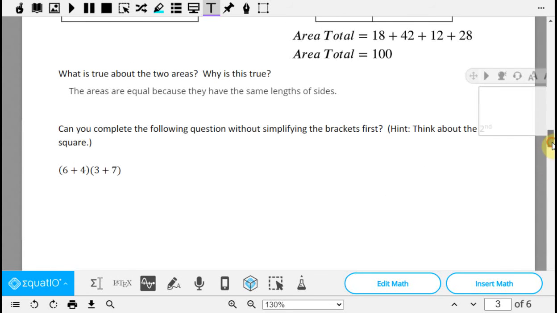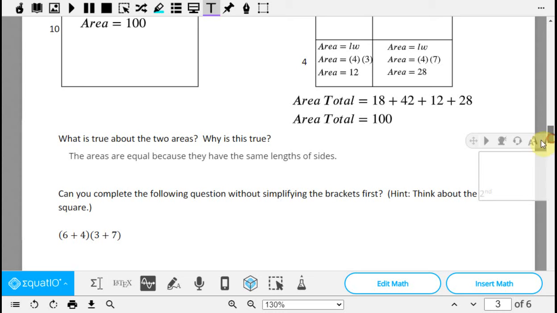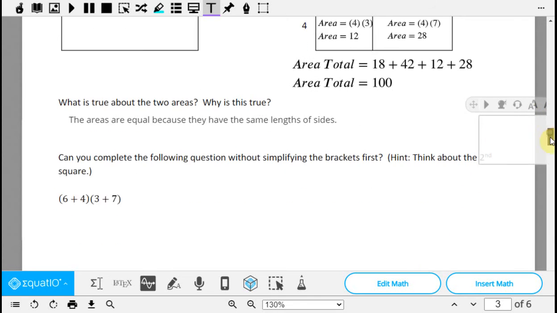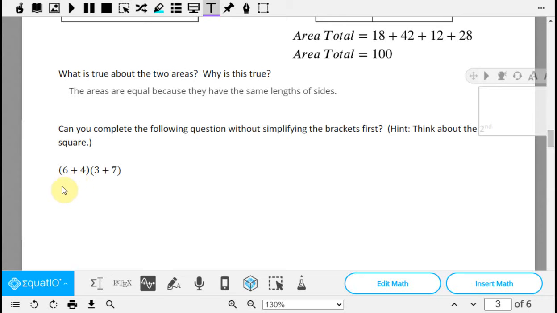Now I'm going to have you go through an exercise that when we're using numbers may not seem so useful, because typically we learn to simplify the brackets, but eventually we're going to have variables in here and we won't be able to simplify because we won't have like terms. So what I'd like you to do is see if you can complete this operation without simplifying the brackets first.